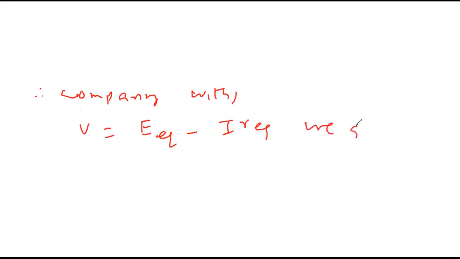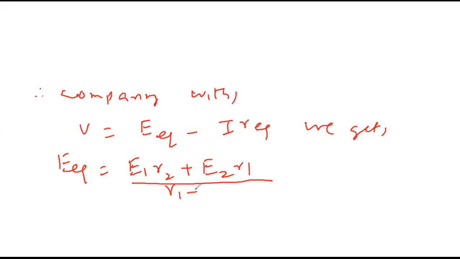Therefore, comparing with V equals E equivalent minus I R equivalent, we get E equivalent equals E1 R2 plus E2 R1 upon R1 plus R2.